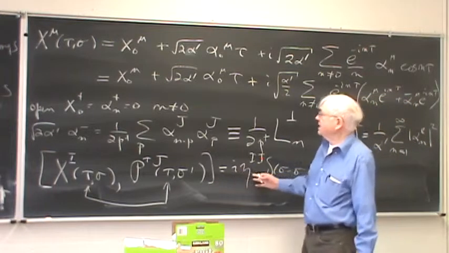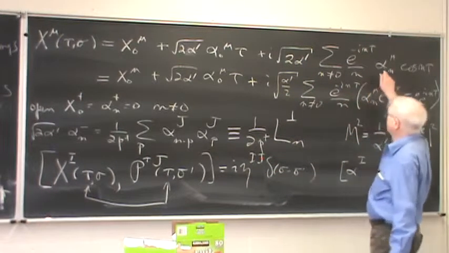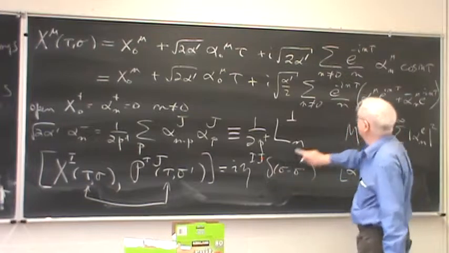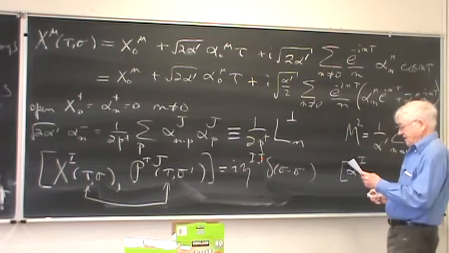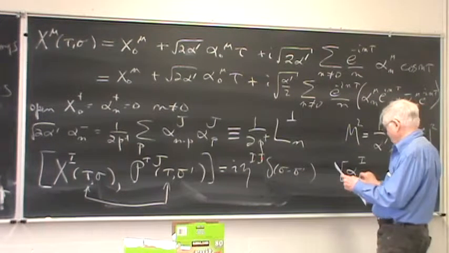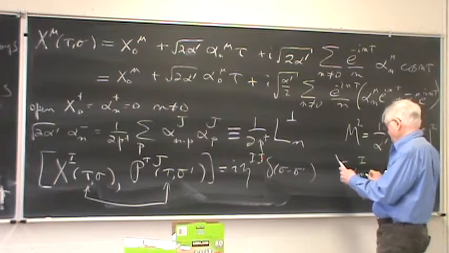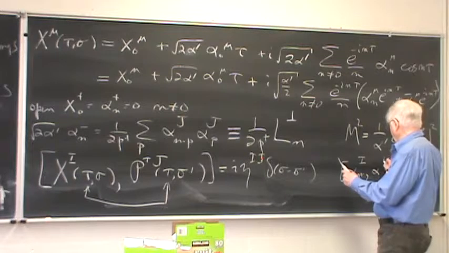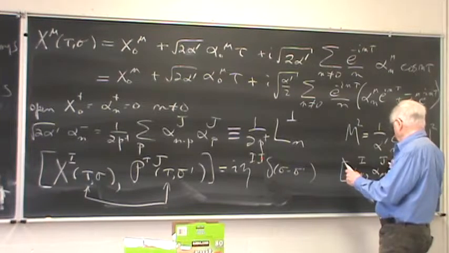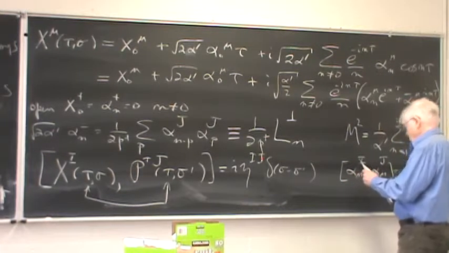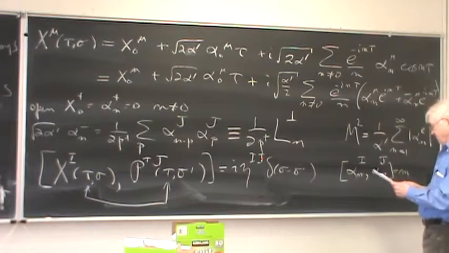This commutation relation for open strings, you can achieve it by requiring the alphas to obey certain rules. And these things are effectively Fourier coefficients. So you have alpha m I, alpha j n is m. Now that's quite a surprise, the m.